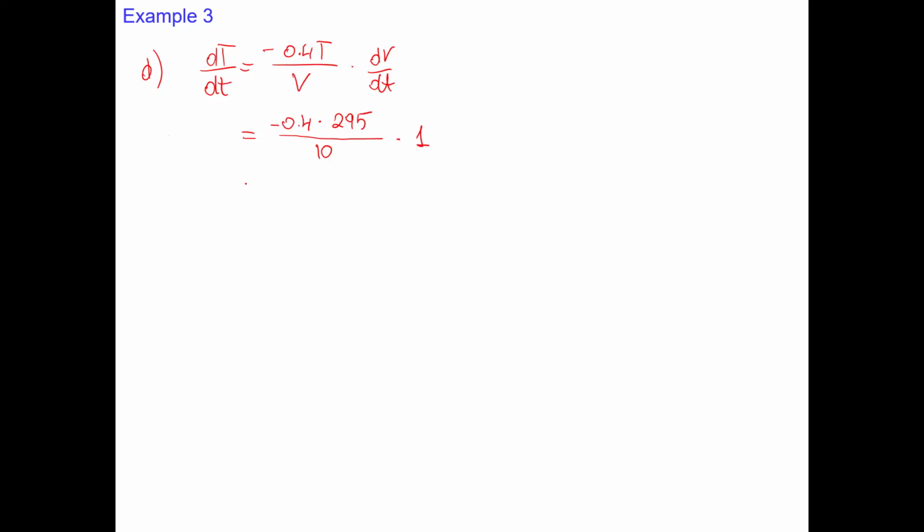I will skip the units because all of the units match. When we multiply everything, we will get negative 11.8. And the units are temperature over time, kelvins over hours. Around negative 12 kelvins per hour, or around 11.8 kelvins per hour decreasing. Yes, the temperature will decrease.